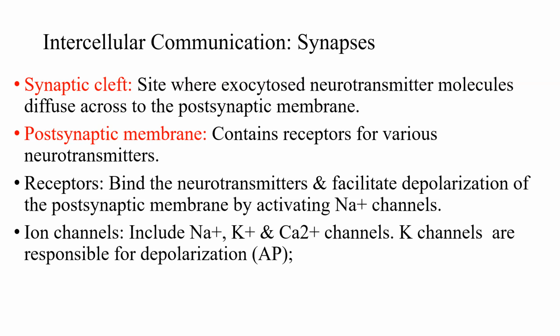So this is the one cell. What happens from here? Different local potentials will travel, right? This is called local potential. Why? Because they are not voltage gated channels. They are some other mechanically gated channels, etc. They will call local channels. And from here, voltage gated channels will start.